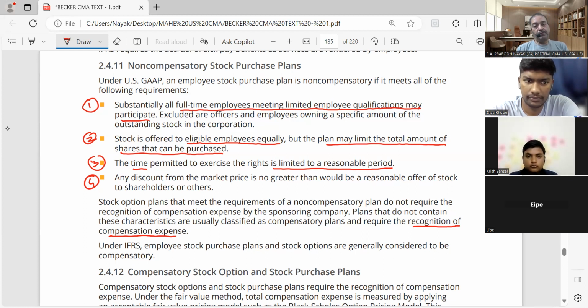Now, the question is, if you are having this option plan or the purchase plan, that is their stock purchase plan, and at the end of that particular period they accept the option of purchasing the shares at the agreed price, then how will you show it in the books of accounts? You will show that it is similar to wages, that the employees have been compensated for working towards that goal.